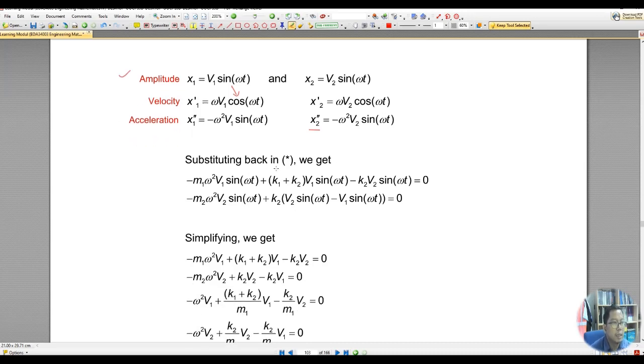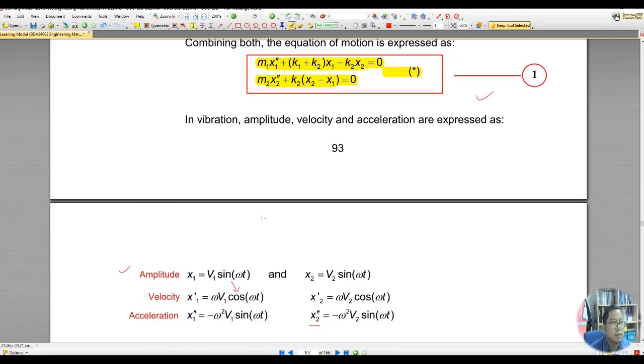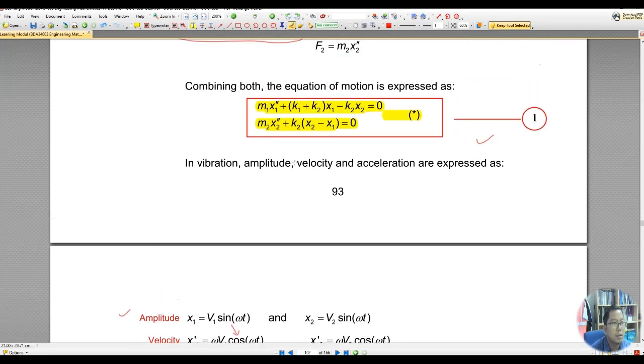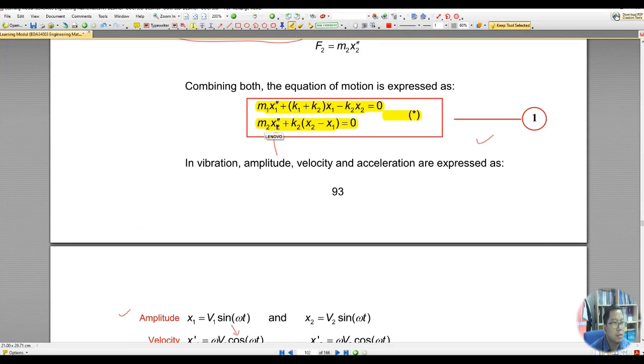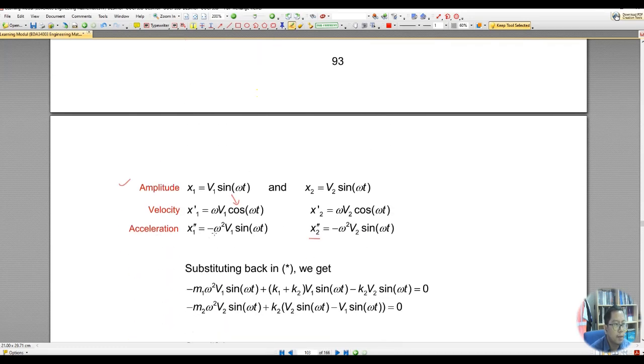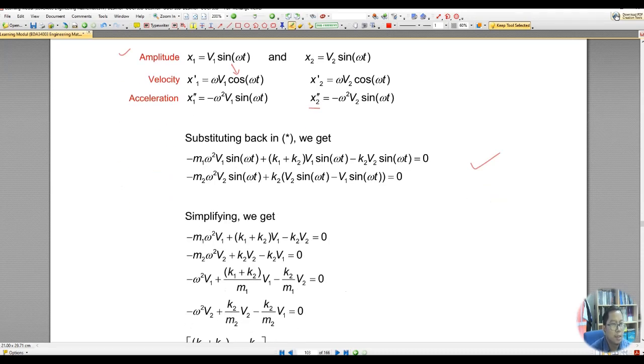Okay, and then by substituting back, we substitute all the x2 to be minus omega power of 2 multiplied by V1 multiplied by sine omega t, and then we get this equation.